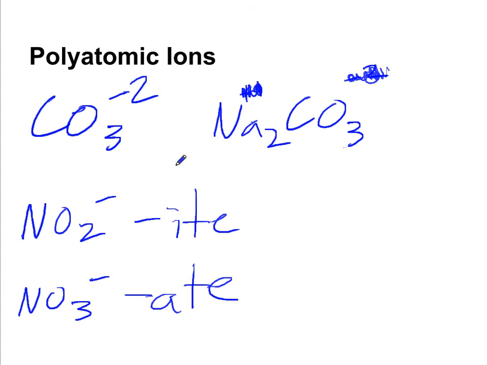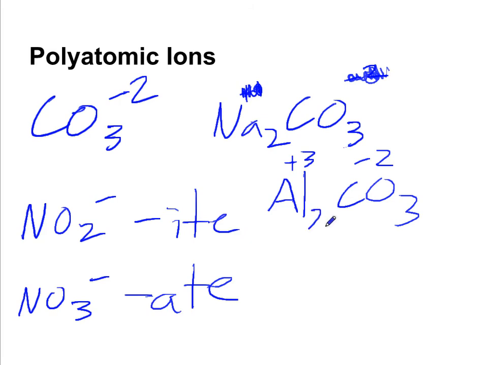If we wanted to make a more complex ionic compound, let's look at aluminum carbonate. Aluminum has a charge of +3. Carbonate has a charge of -2. To use our crisscross method, we're going to take this 2, put it down here after aluminum, and this 3 from aluminum, it's going to come down and jump on right here.